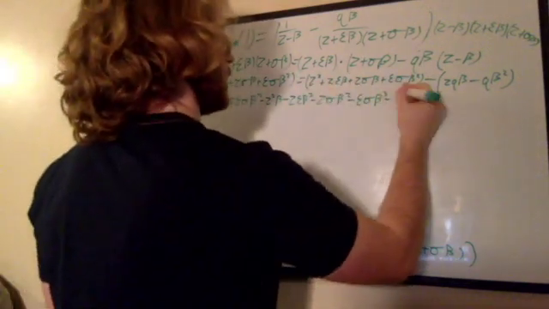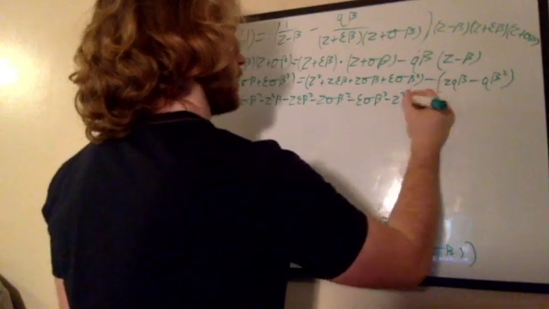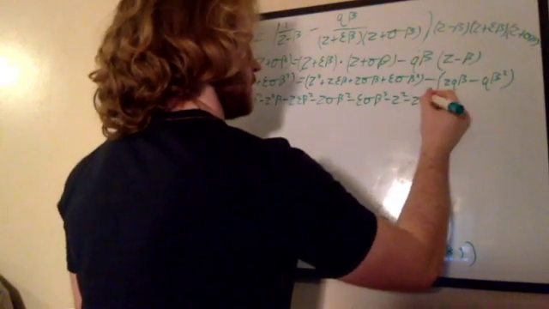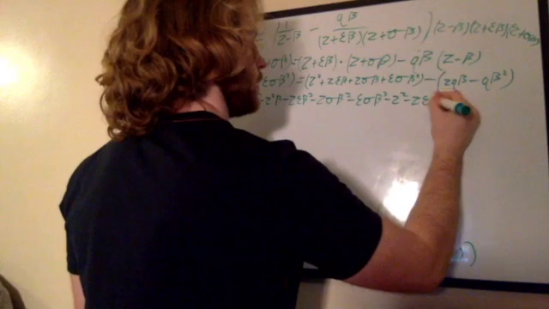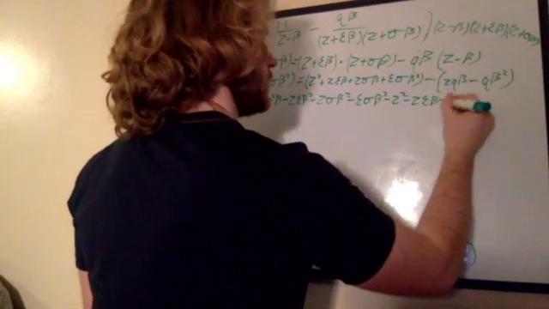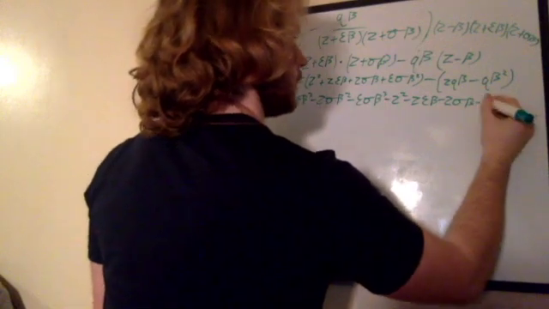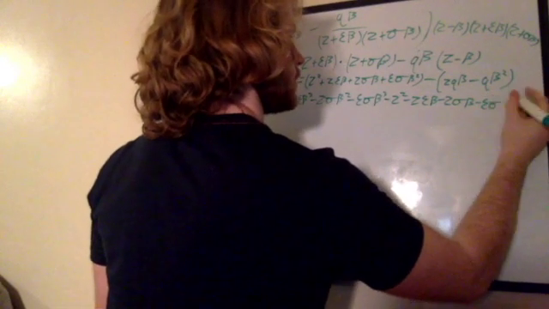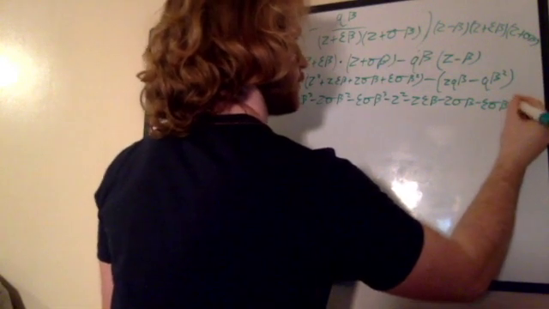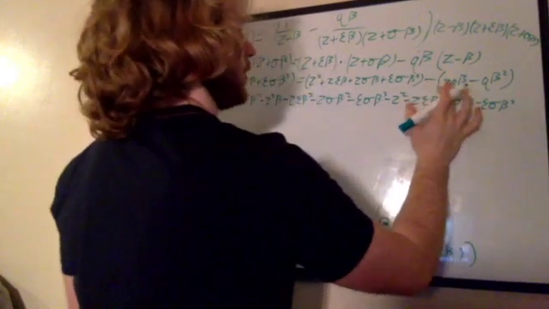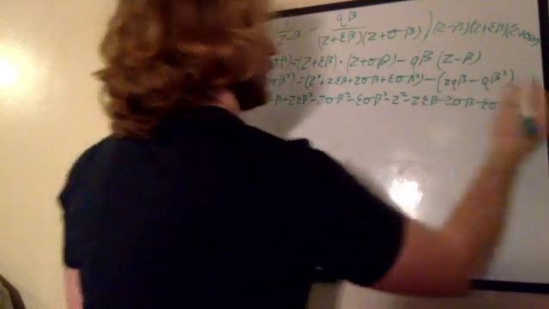So that's going to be a negative z squared, a negative z epsilon beta, negative z sigma beta, negative epsilon sigma beta squared. And then that is going to be subtraction, so that's going to be added over actually.